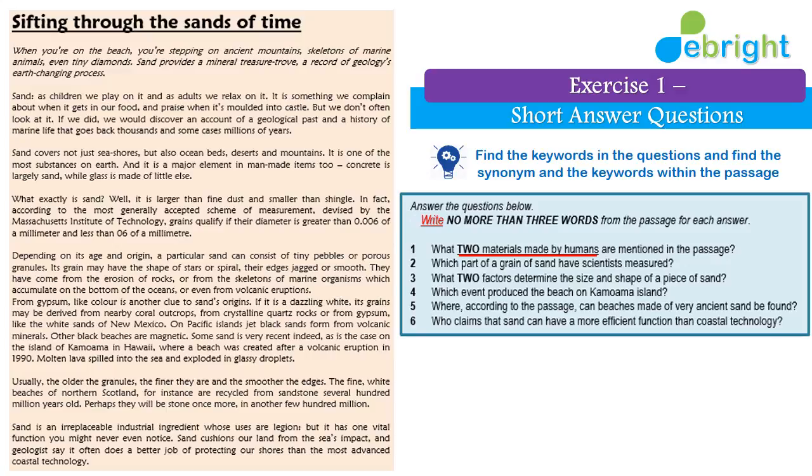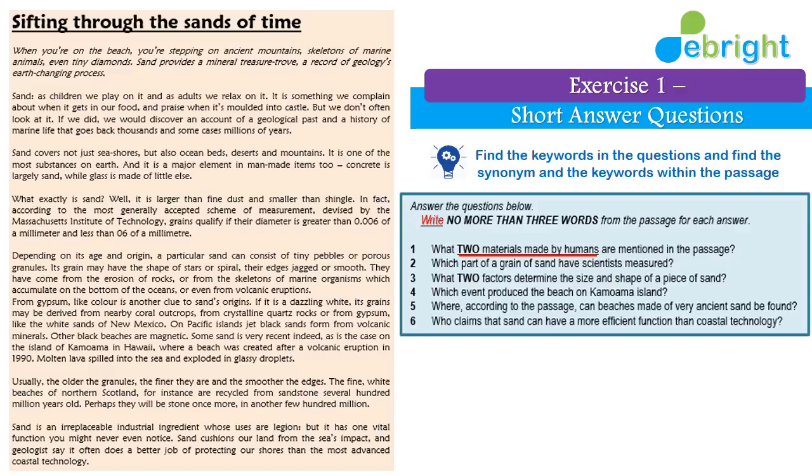Let's try. In this kind of question, the answer always comes in order. So, for example, number 1, you will find it in the first or second paragraphs, and then the last number 6 will be in the last paragraph.